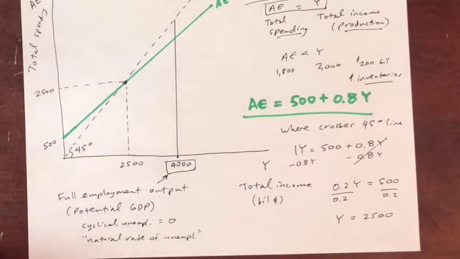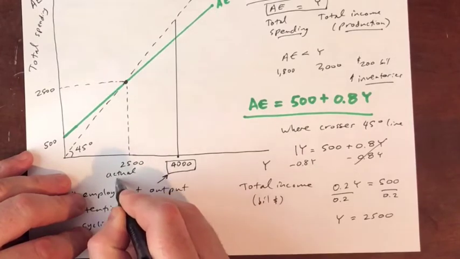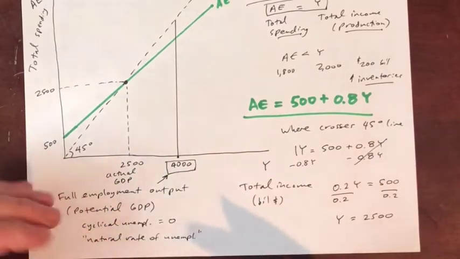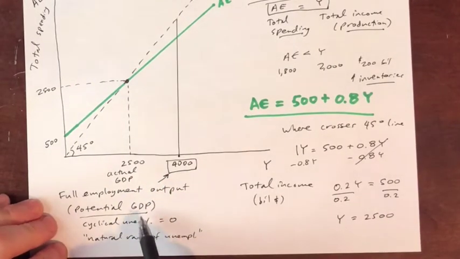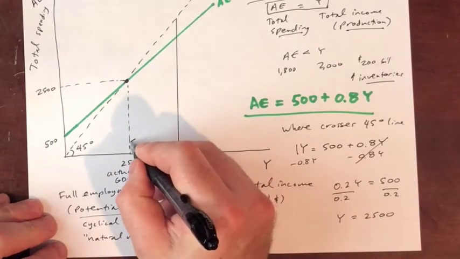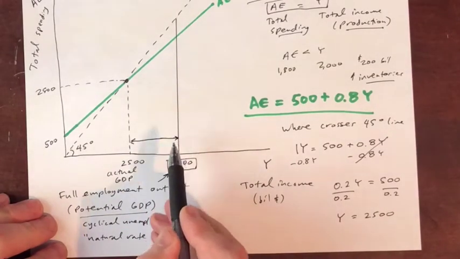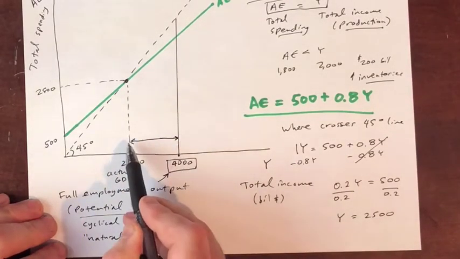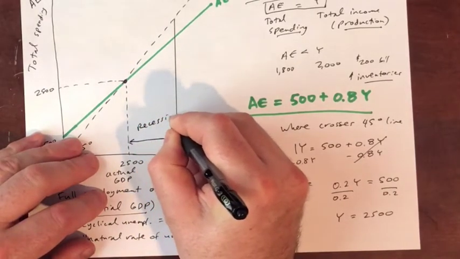This tells us that where we are now, our actual macroeconomic equilibrium, our actual GDP, is less than our potential level. Our potential GDP is 4,000. We are going to be at 2,500. That gives us a gap, right? And the gap between our potential and our actual, in this case, it's known as a recessionary gap.